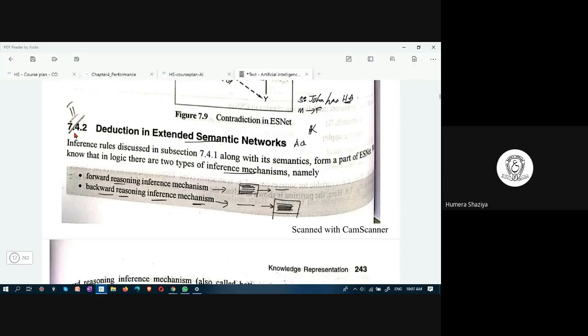In other words, this new statement, what is being given, is validated with the existing knowledge base in order to state whether it is true or false. That is backward reasoning inference mechanism.